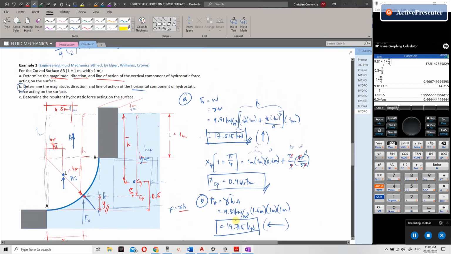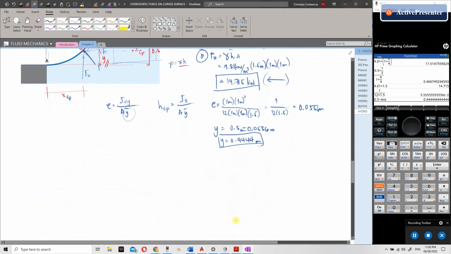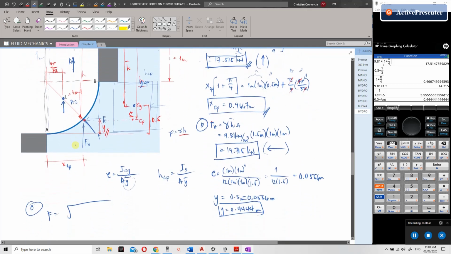Okay, so for letter C, determine the resultant hydrostatic force acting on the surface. Okay, so madali na lang to, no? So for letter C, yung total hydrostatic force is simply the square root of 17.515 kilonewton squared plus 14.715 kilonewton squared.